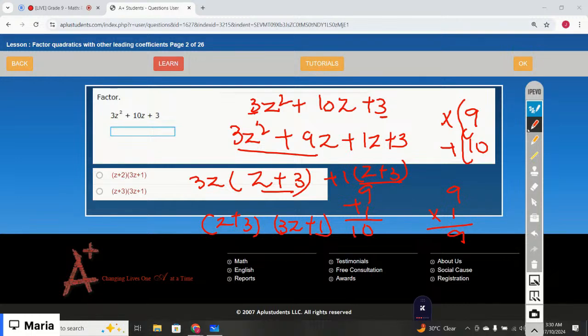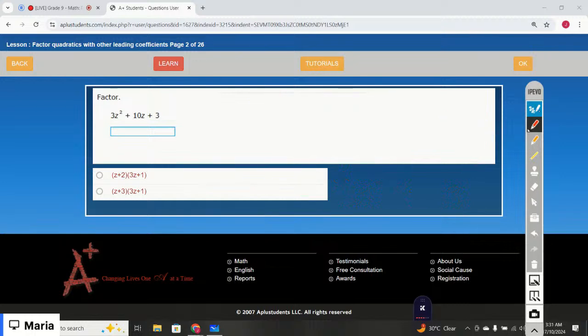Option number 2 is the correct option. Got it? Let's just move on to next one.